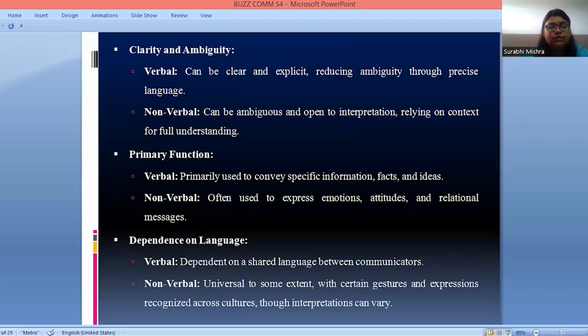Moving on to the next key difference: clarity and ambiguity. Clarity means that everything should be clear and transparent, and ambiguity here means that nothing should be hidden. There should be no confusion in the information.